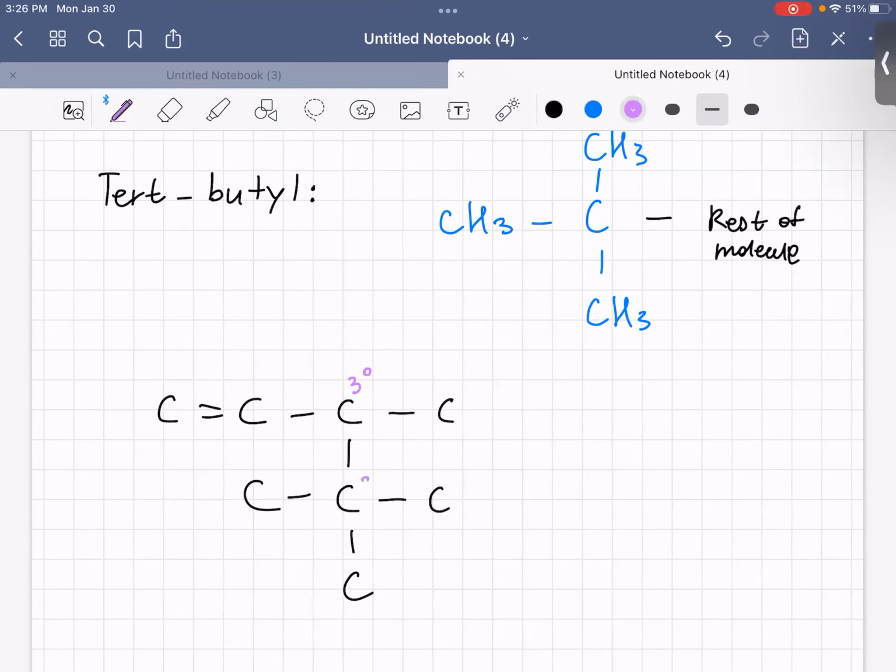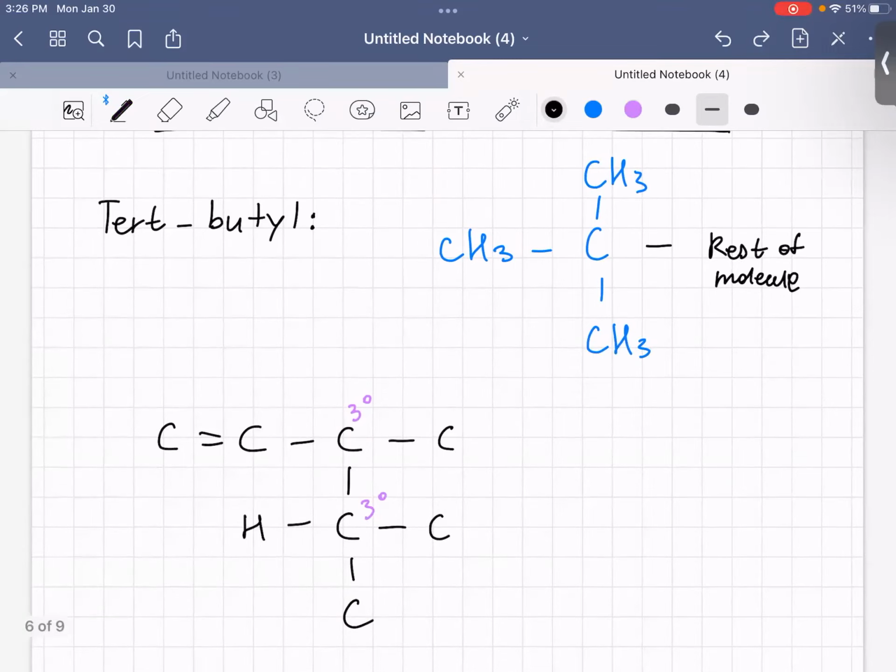This carbon is also tertiary because it's bonded to 1 carbon. Oh, this one actually doesn't work. Never mind. This has to be a hydrogen. Now we have a tertiary carbon because it's bonded to 1 carbon, 2 carbon, 3 carbon. We have a tertiary carbon bonded to 3 other carbons.